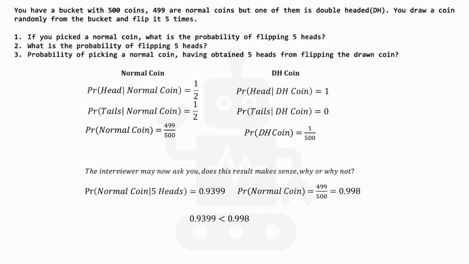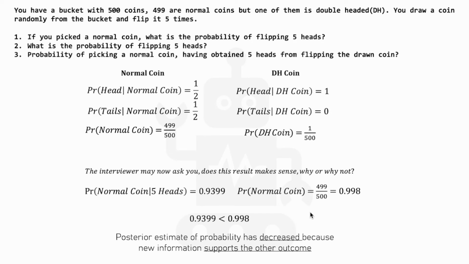So let's think about what this new information is. This new information that was given to us was that we obtained 5 hits, right? And the fact that we obtained 5 hits actually supports the other outcome, which is us having a double-headed coin.